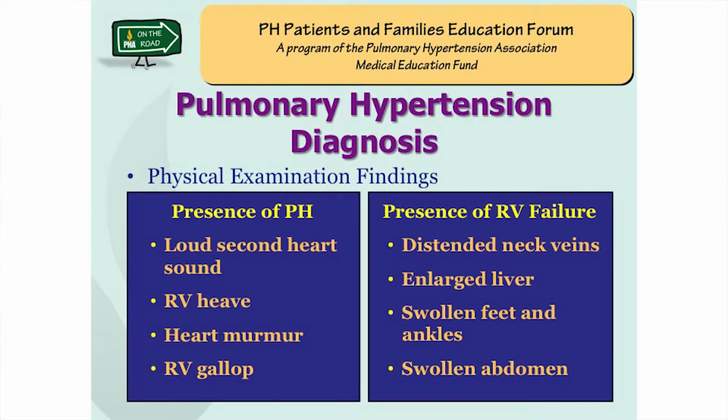So what findings might a doctor find on physical examination that clue us in that pulmonary hypertension is present? First, we're looking for whether the right side of the heart has evidence of high pressure in it. So we listen to the second heart sound in particular, which comes from the valve between the pulmonary artery and the right heart, the pulmonic valve.